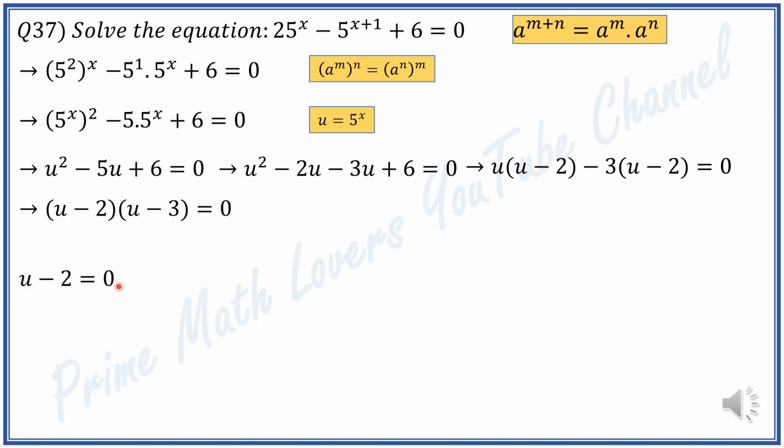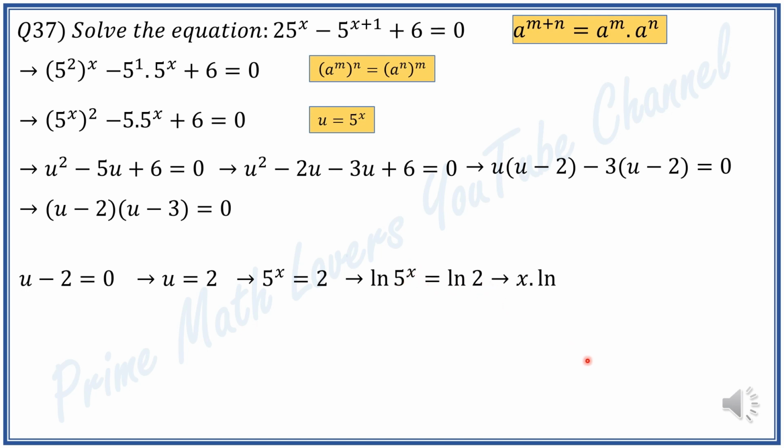So u minus 2 equal to 0 means u is equal to 2. We take negative 2 to the other side, it will be positive, and u is equal to 2. But u is 5 to the power of x, so it means 5 to the power of x is equal to 2. And if we take natural logarithm of both sides, we get ln of 5 to the power of x is equal to ln of 2.